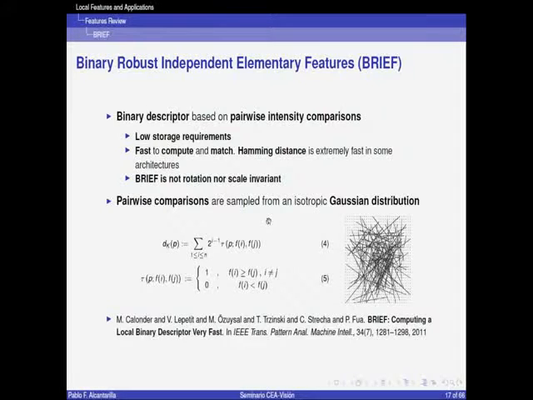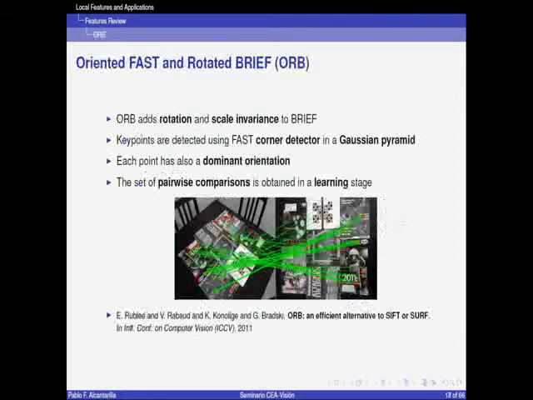As we have seen, BRIEF is very easy to compute, and we can get very nice performance in some applications. However, the problem is that it's not rotation or scale invariant. To try to overcome these problems regarding rotation and scale, two methods appeared in 2011. One is ORB, which is Oriented FAST and Rotated BRIEF.